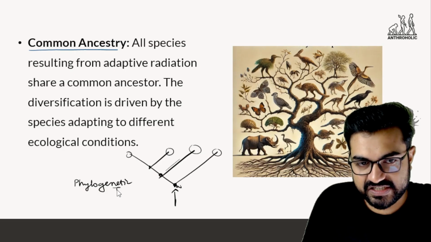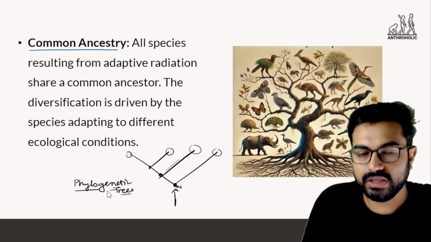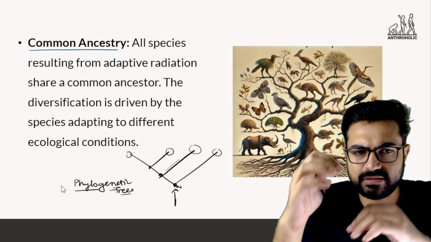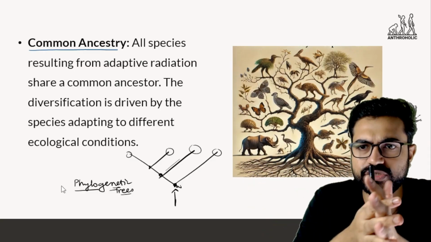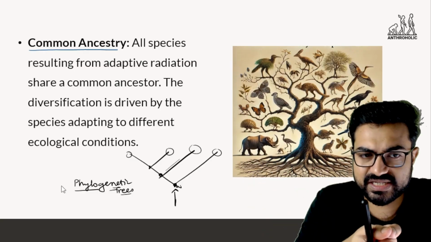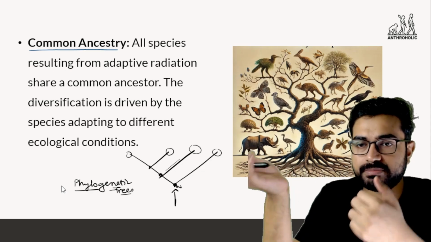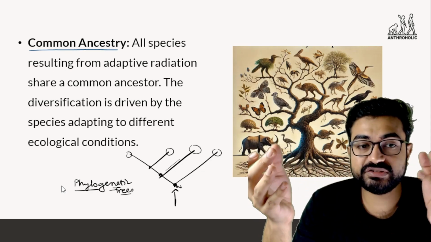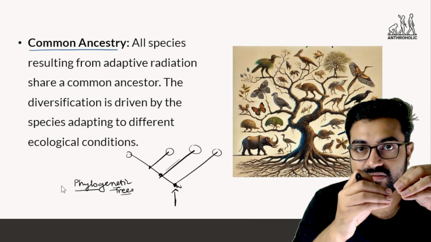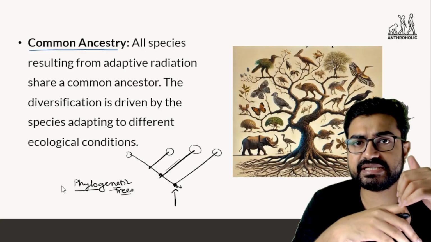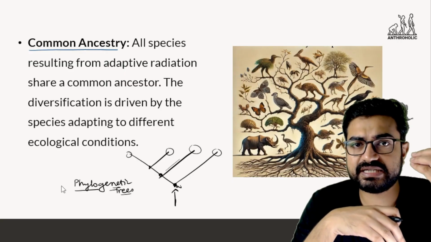The study of these evolutionary relationships between organisms is known as phylogeny, molecular phylogeny. This is a broad subject and a very important one, because it helps us relate various structural features and other features like molecular features.